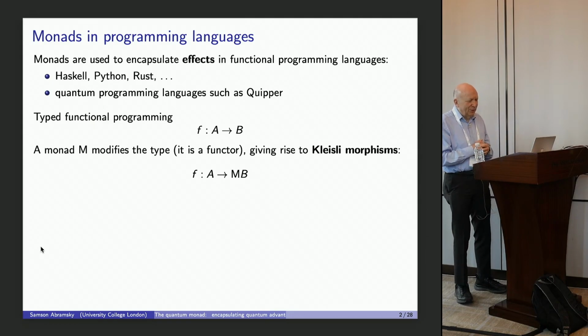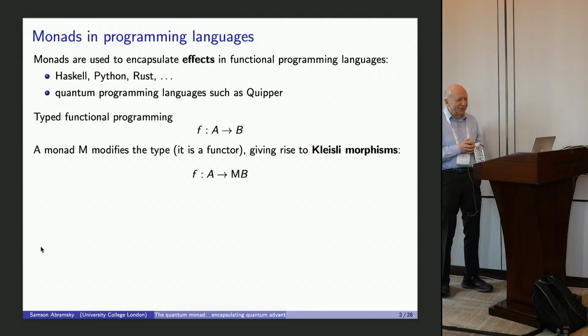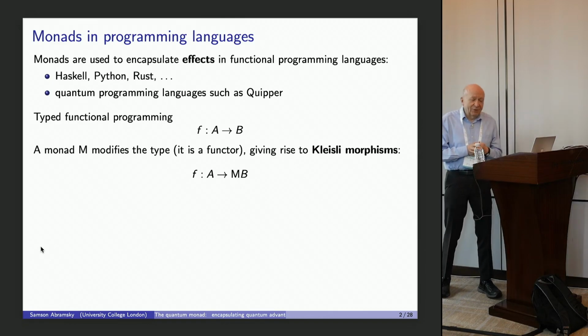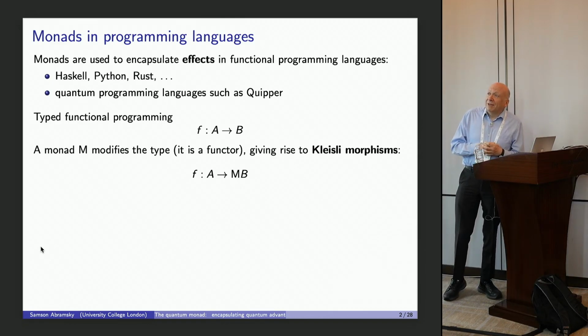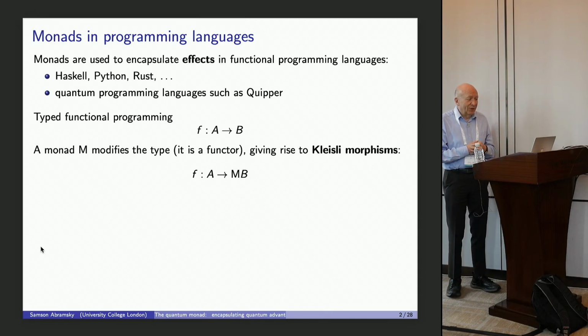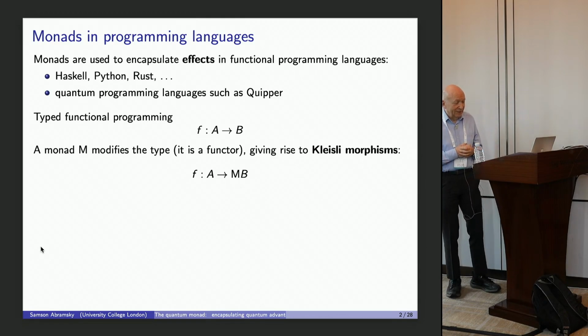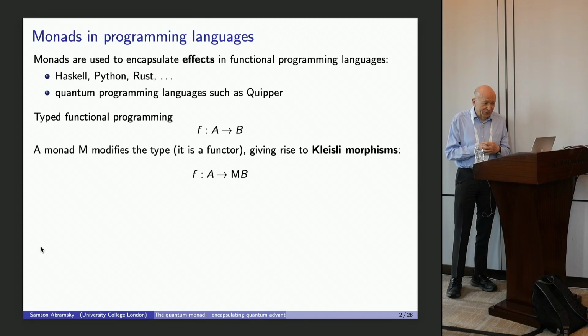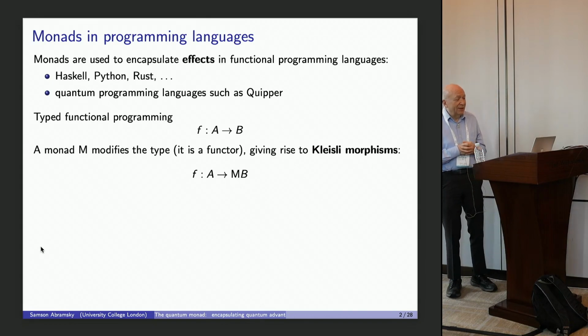And just to briefly recap how a monad looks, if we think of a functional program F, which has an input type A and produces an output type B. The idea of a monad is that it modifies the type of the output, in the way it's usually used, giving rise to so-called Kleisli morphisms.